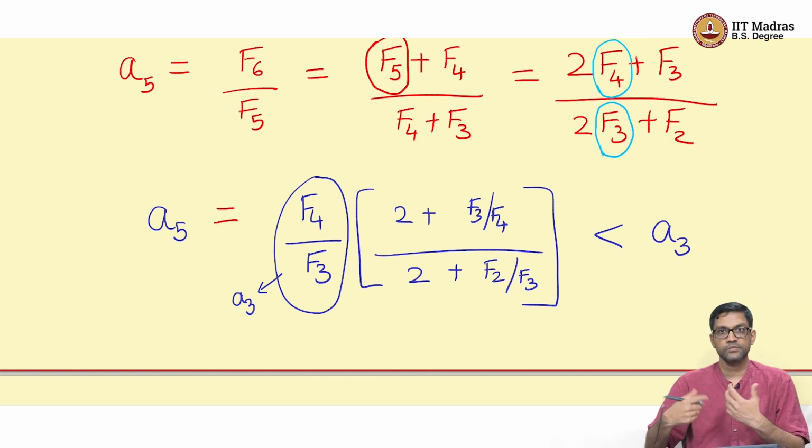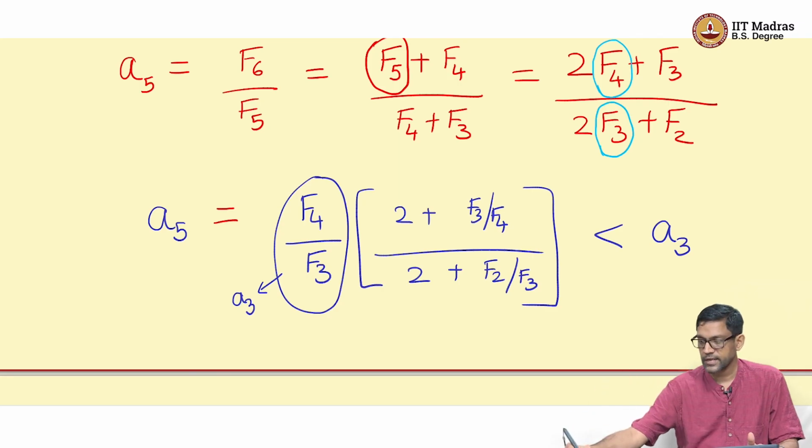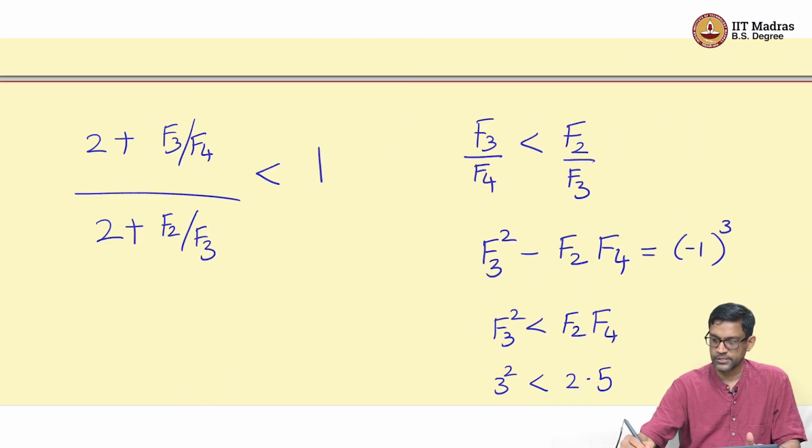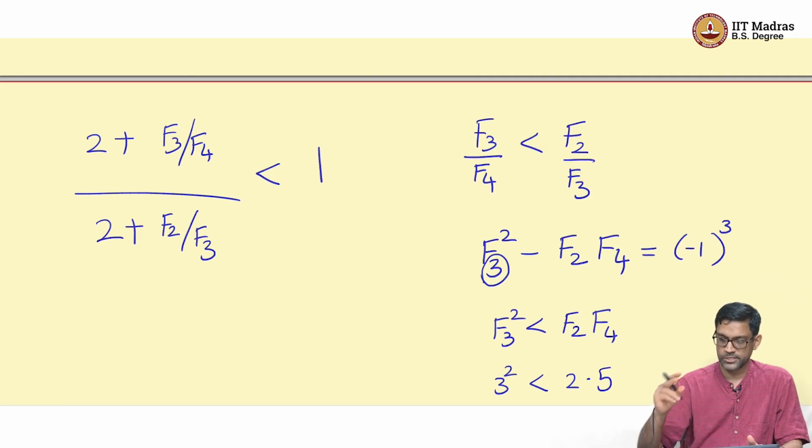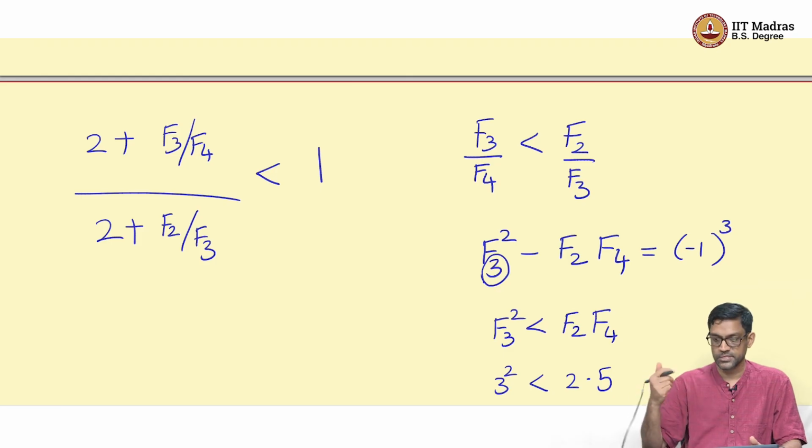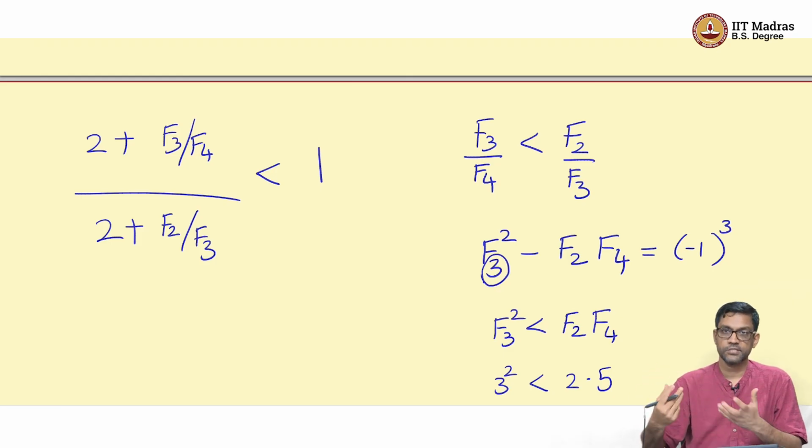And if you try doing this with the even terms instead of the odd terms, you will find the other oscillatory behavior. Instead of an odd Fibonacci squared minus the product of its neighbors, you will find an even Fibonacci squared minus the product of its neighbors. So there the inequality will just reverse.